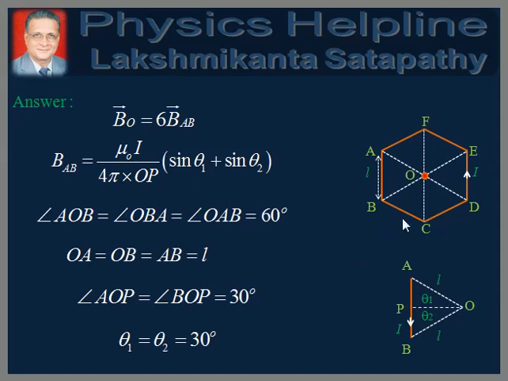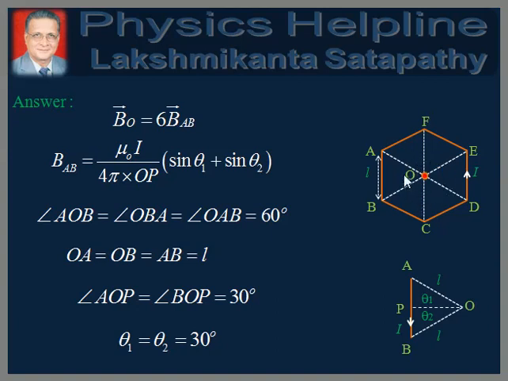Let us look at the symmetry of the regular hexagon. The sides are all of equal length L. Now the total angle at the center O subtended by the entire coil is equal to 360 degrees. Now we observe that the diagonals AD, BE and CF are all of equal length and the angles between them are also equal.